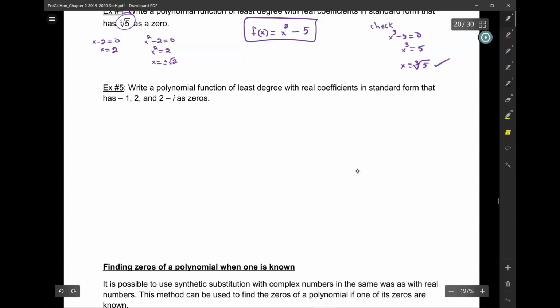So if 2 minus i is a 0, then so is 2 plus i. So you have to change the sign of the imaginary part. So if 2 minus i is a 0, then also 2 plus i.